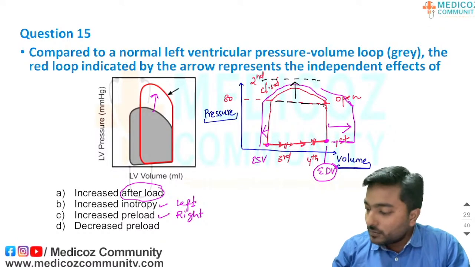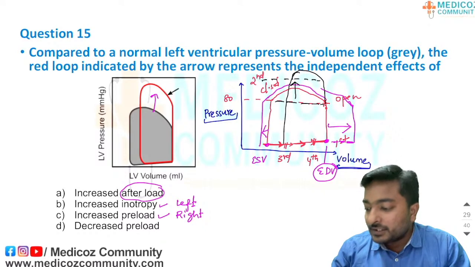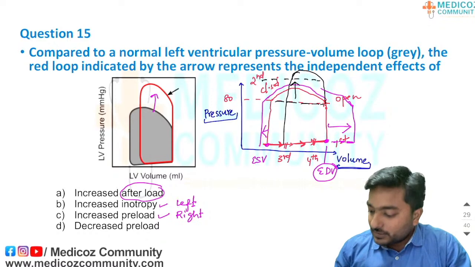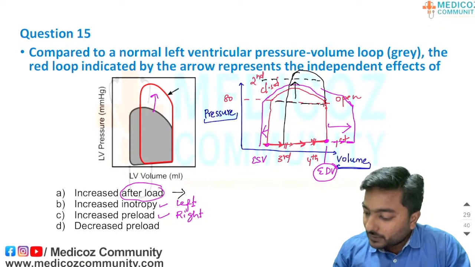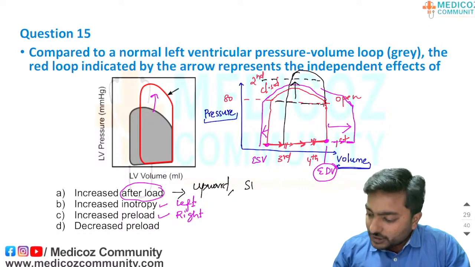The graph will shift upwards, the stroke volume decreases, and the end systolic volume also increases. So in increased afterload, the pressure volume curve shifts upwards, stroke volume decreases, and end systolic volume increases.